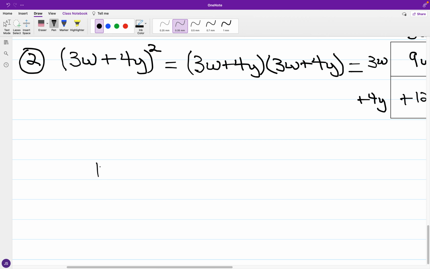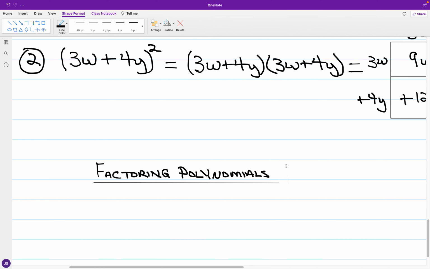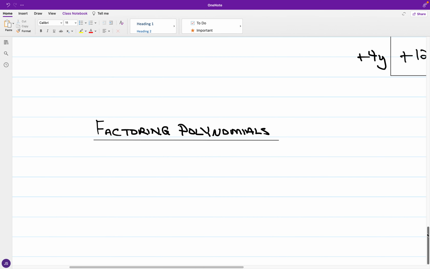And this will be through the prism of what is regarded as factoring polynomials. In a lot of cases, not all cases, but in these particular cases, we'll be essentially taking the FOIL method in reverse.